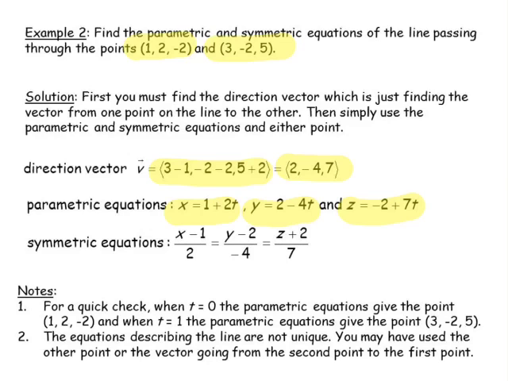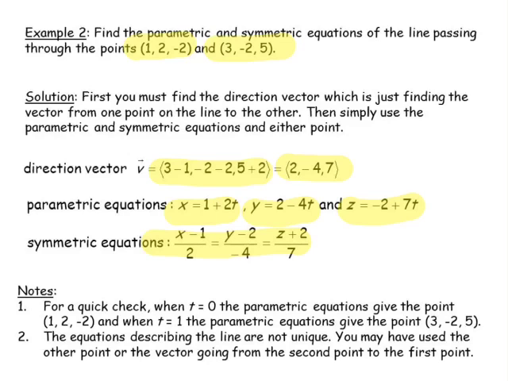And then your symmetric equations, just solve for t with whatever parametric equations. All of those numbers should correspond to your parametric equations. When you're doing this, please do not switch the point you're using from your parametric equations to your symmetric equations. I'd like you to be consistent from one to the next.